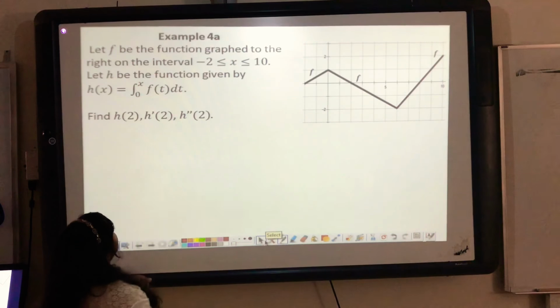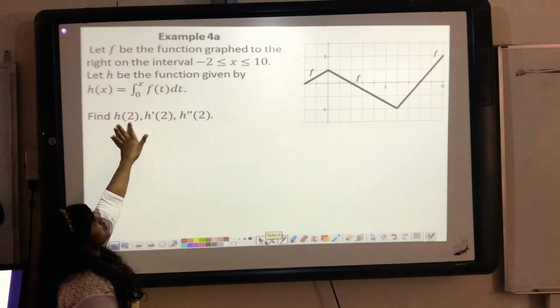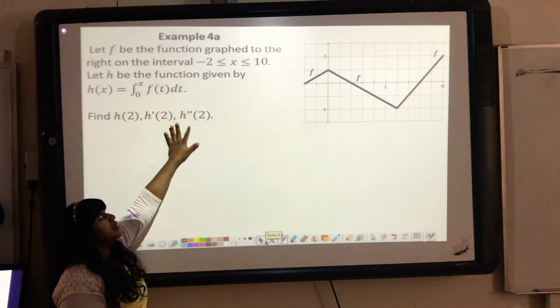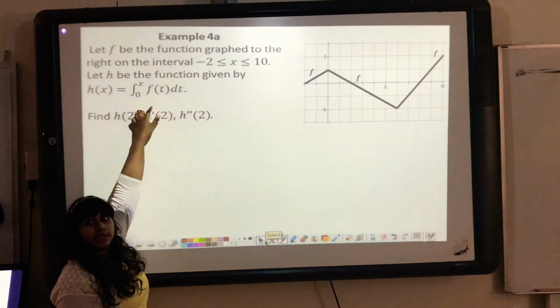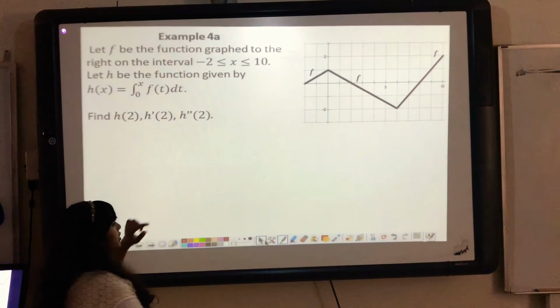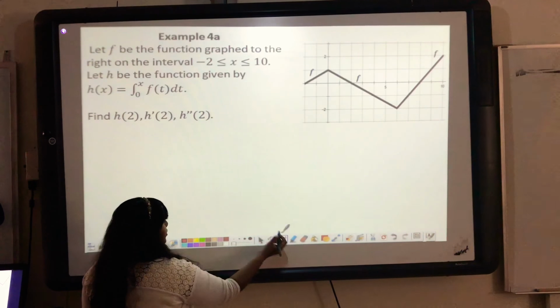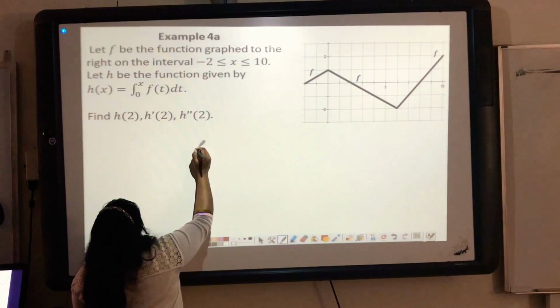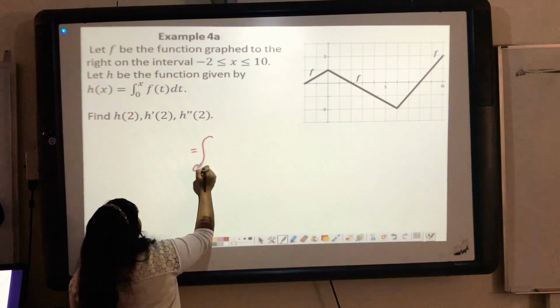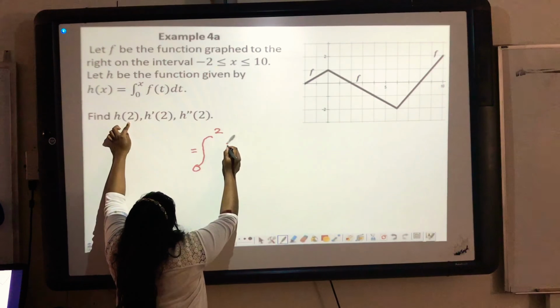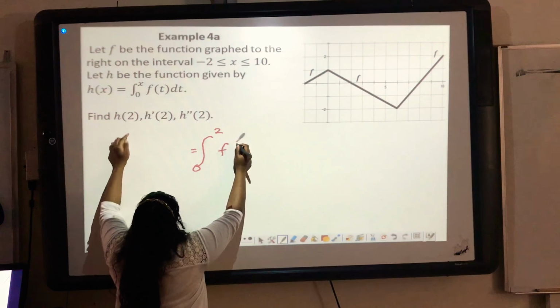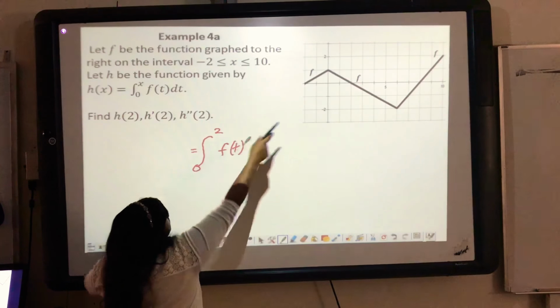Okay, so the first thing it's asking us is to figure out what h of 2, h prime of 2, and h double prime of 2 is. Well, h of 2 is simply my integral. I simply plug it in. So h of 2 is going to be equal to the definite integral from 0 to 2 of f of t, and my f of t is right there.